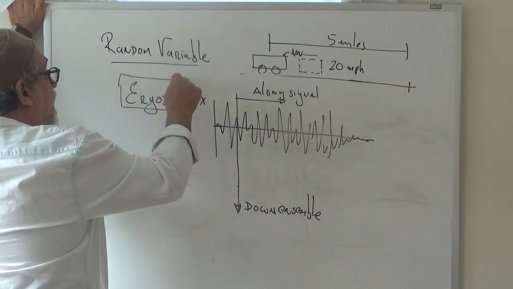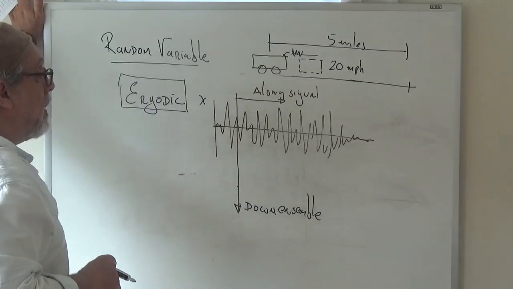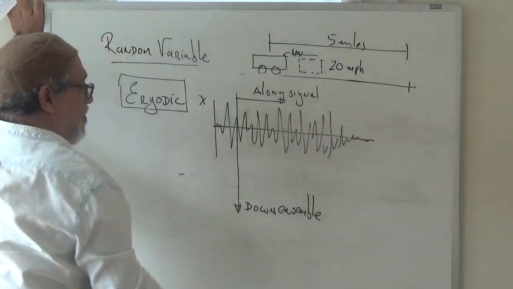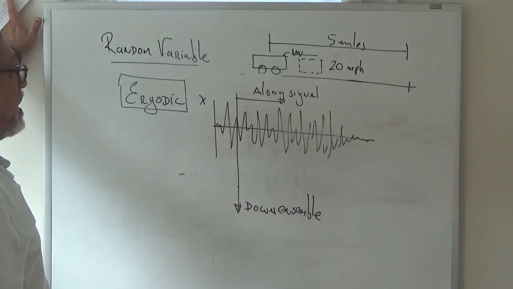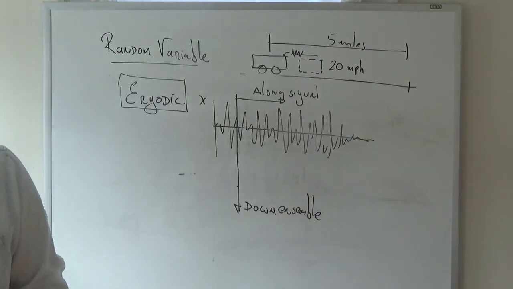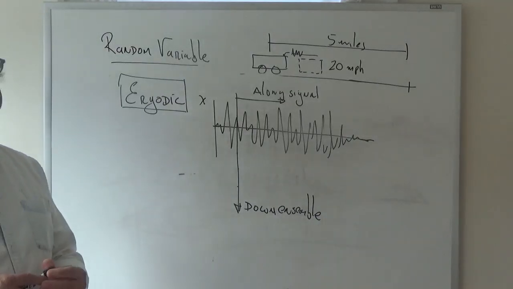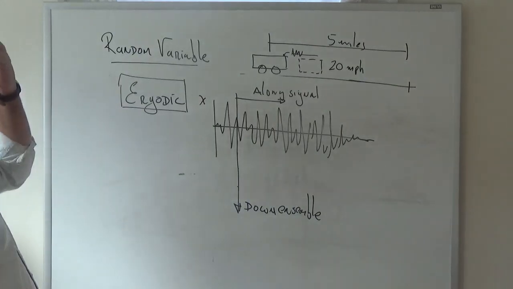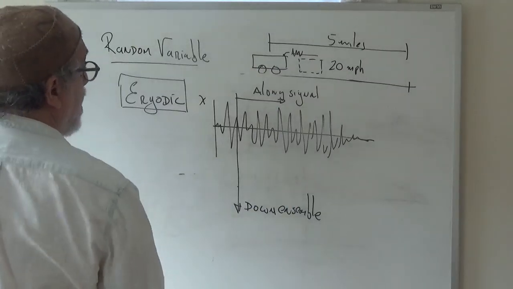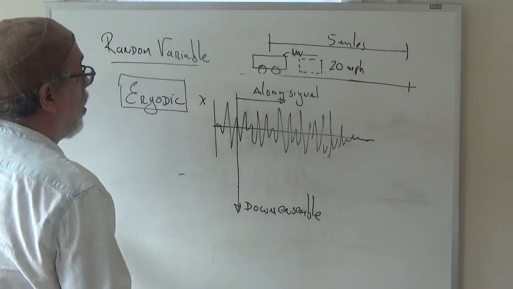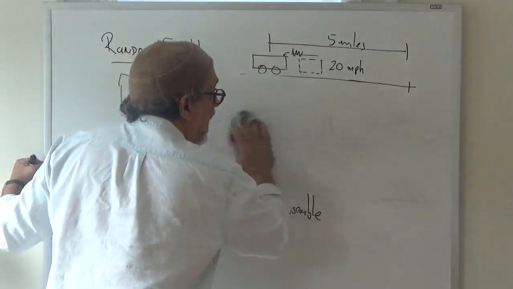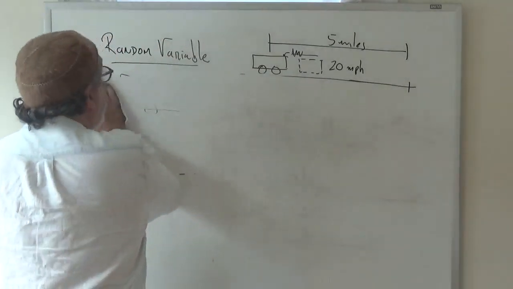So ergodicity means that you can calculate averaging to the right instead of averaging down the ensemble. We normally do not prove that our processes are ergodic. We are just forced by the constraints of practical limitations to assume ergodicity, because that's the only way that we can practically operate. We just cannot collect a signal so many times to actually do the calculation down the ensemble. Okay?